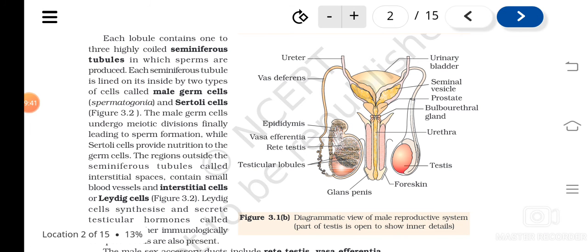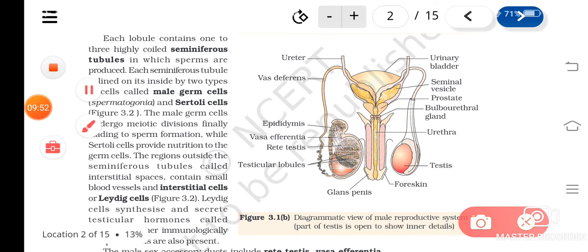Sertoli cells help in giving nourishment to the developing sperms. So what is the function of Sertoli cells? They provide nourishment to the germ cells, the developing spermatogonia.